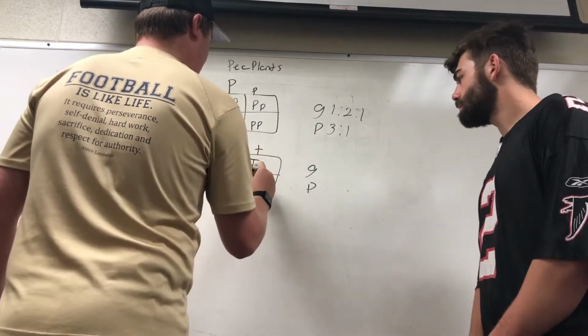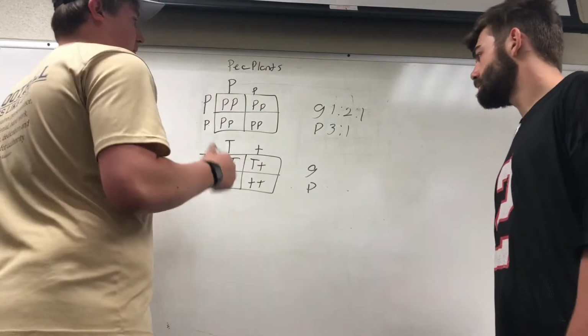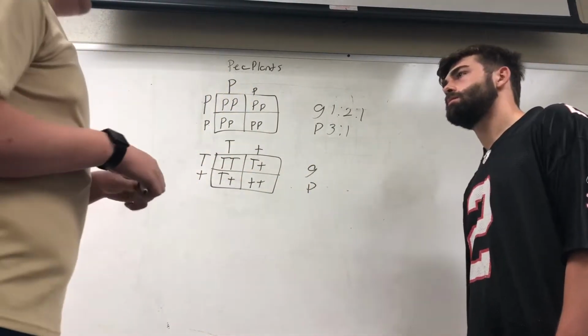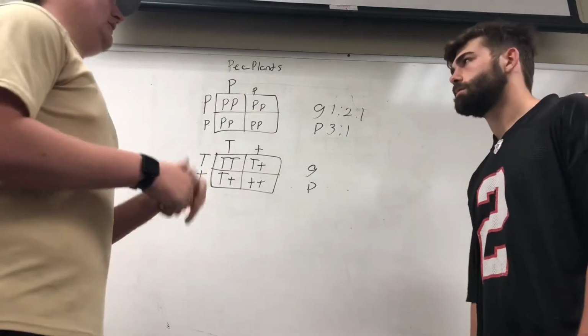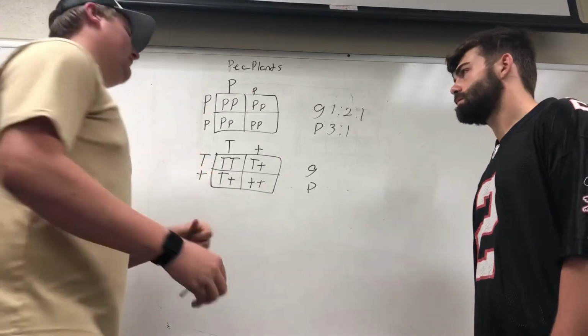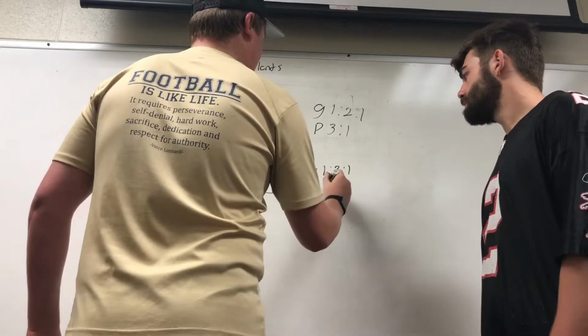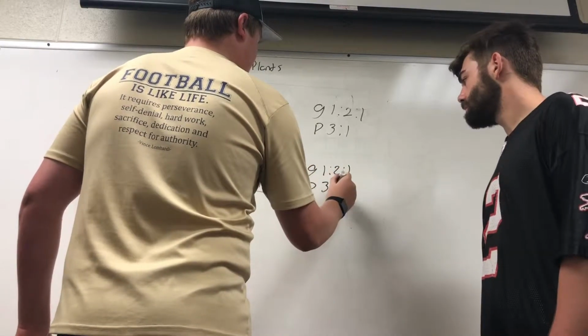Same thing here. And we're going to get the same genotype and phenotype, because when you cross two heterozygous, you get the 3 to 1 ratio in the phenotype and the 1 to 2 to 1 ratio in the genotype.